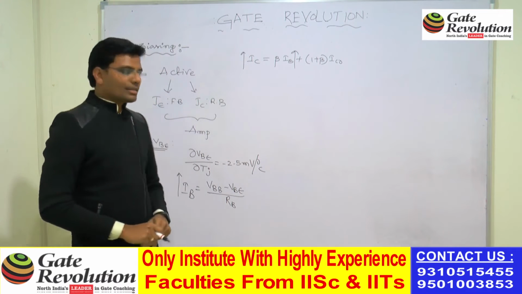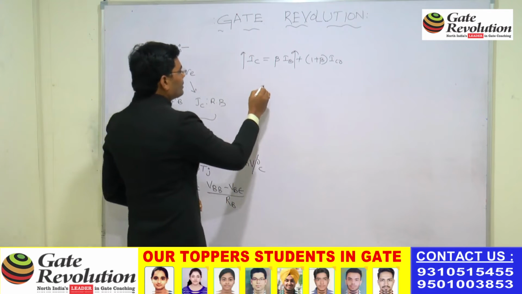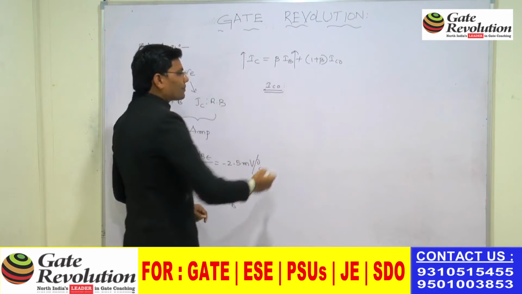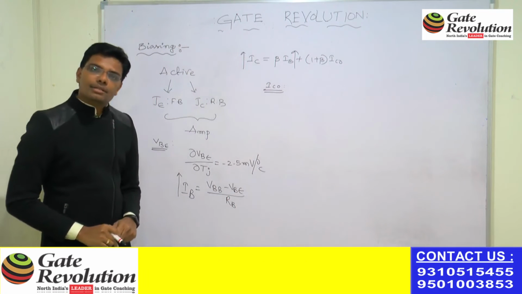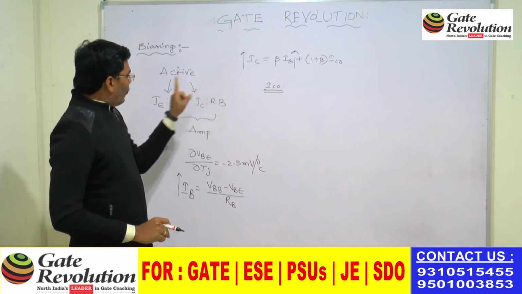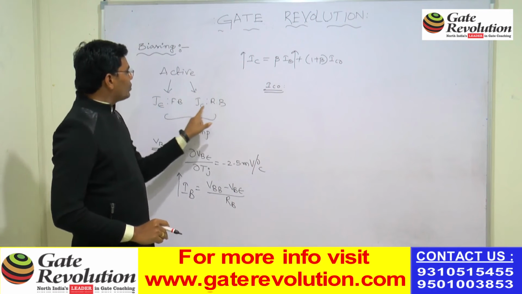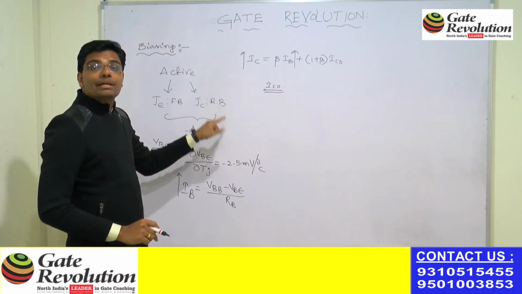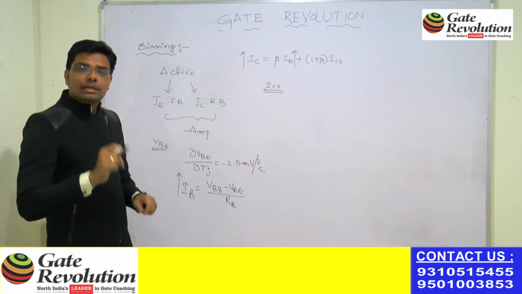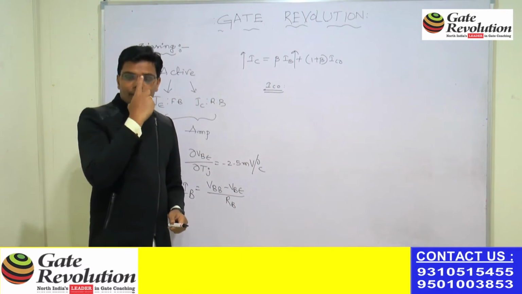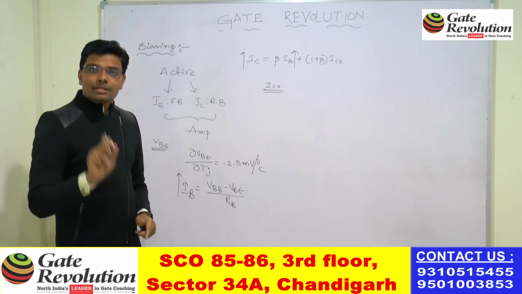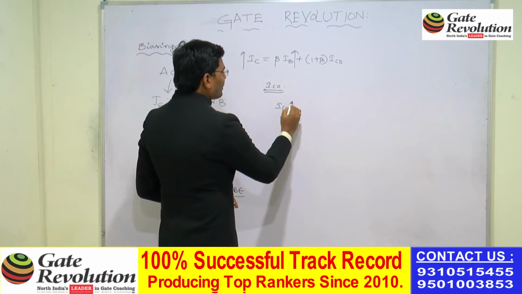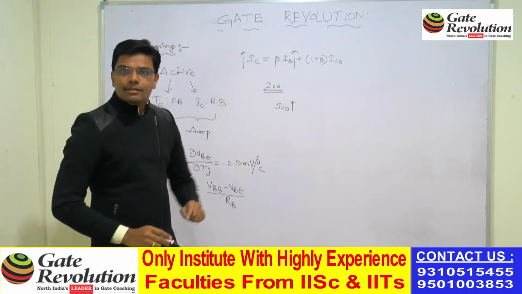What is the second reason? The second parameter is reverse saturation current ICO. Whenever we apply DC voltage to the collector junction in reverse bias, the temperature at the collector junction increases. As temperature increases, ICO increases. How does it increase?